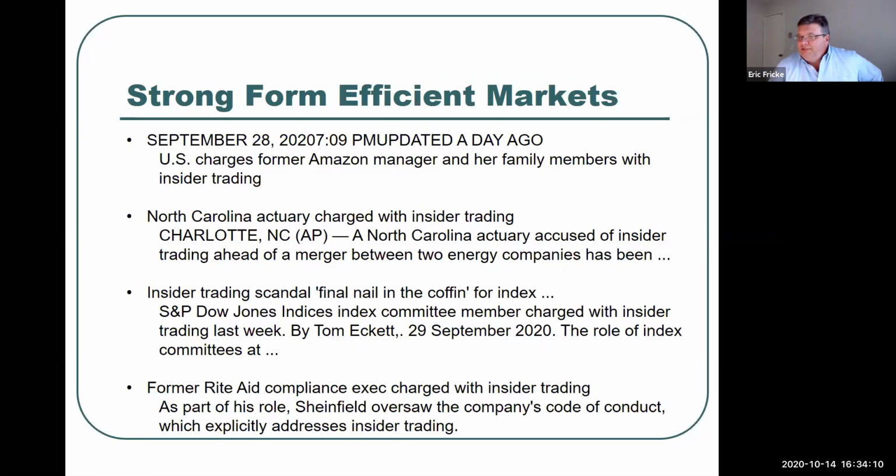Strong form efficient markets are all about insider trading, really. And there's definitely profit opportunities in that, but it's illegal. I just did a little search for insider trading, and it was not hard to find a lot of news stories about that. Someone at Amazon came up here.